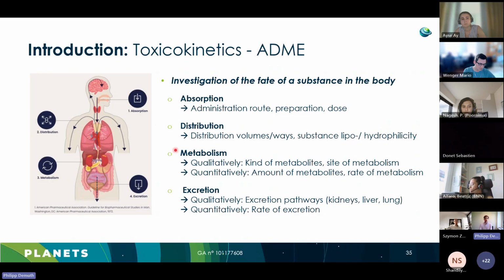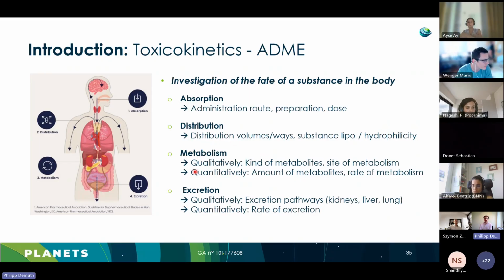Then, in the next step, we investigate the distribution of the compound. This in general depends on the substance's lipophilicity or hydrophilicity, but can also be affected, for example, by active mechanisms like transporters. Then an important step is the metabolism of the compound.